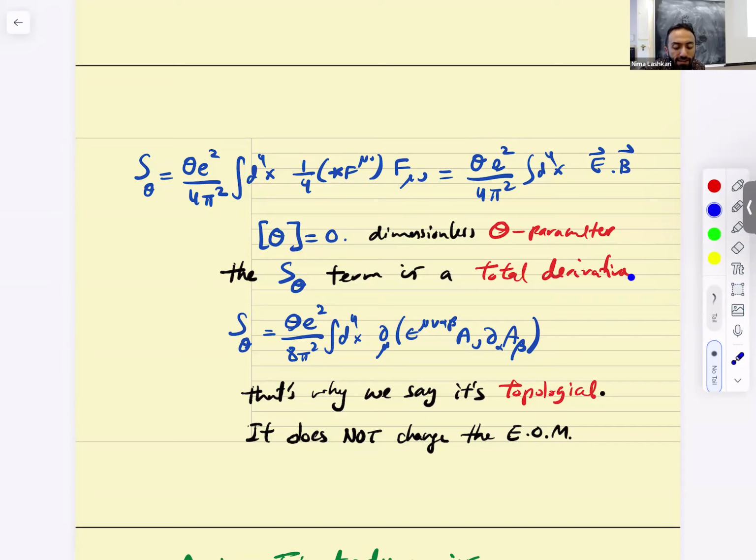And S theta is a total derivative, so you can write this down as del mu of this term. That's why we say it's topological. It does not change the equations of motion. It's a purely boundary term. For the U(1) abelian theory, it's very, very important.